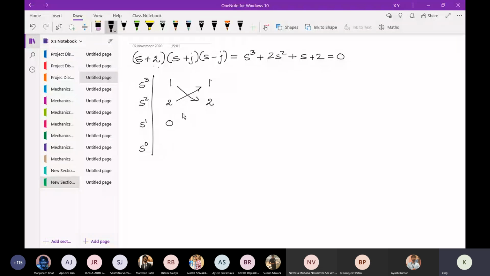When I do the next cross multiplication, what will I get? This is the problem that I will face.